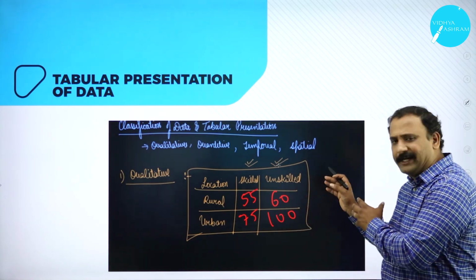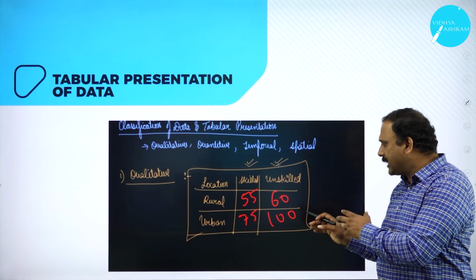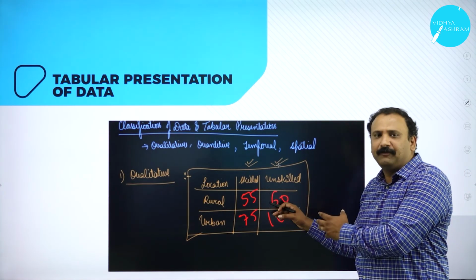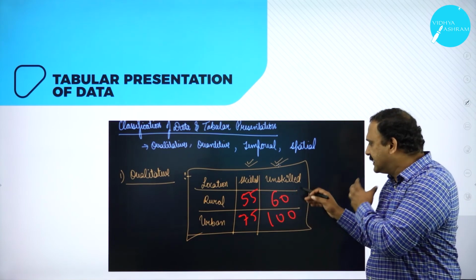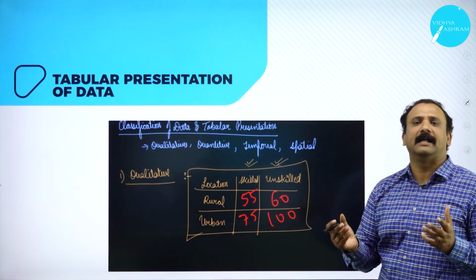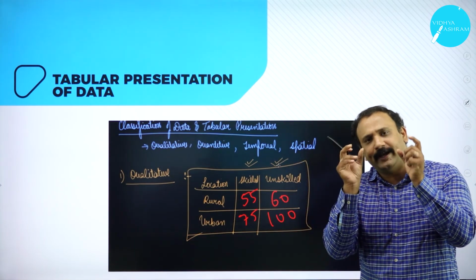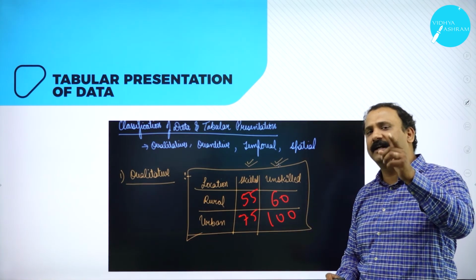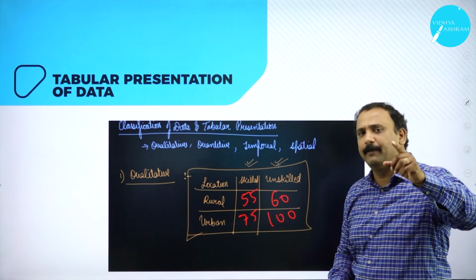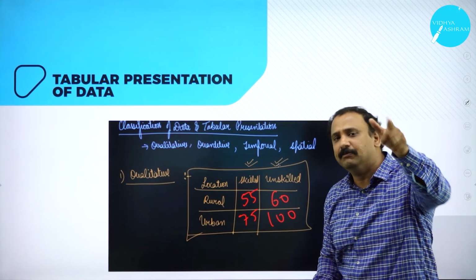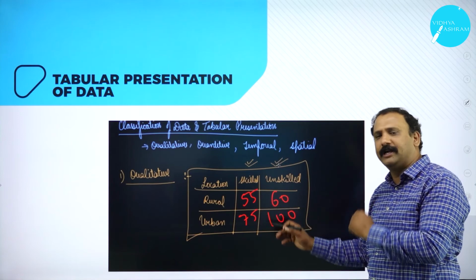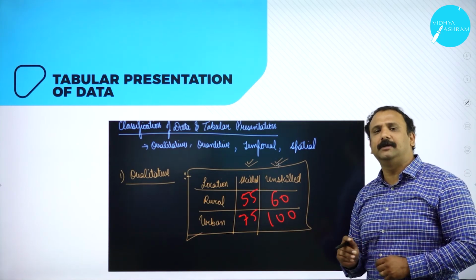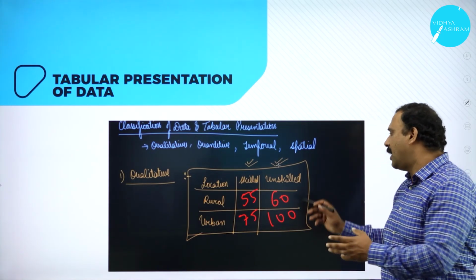So the moment you look into the tabular column, you know that in the rural sector, there are 55 people who are skilled and 60 people who are unskilled. Simple as that. Those two numbers with the headings will make you understand that I'm talking about something really valuable, some data which is of high meaning to you. Similarly, when I go to the urban sector, I'm just putting two random numbers, 75 skilled, 100 unskilled.